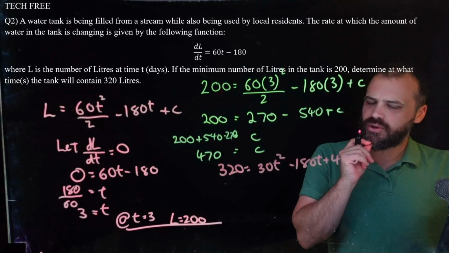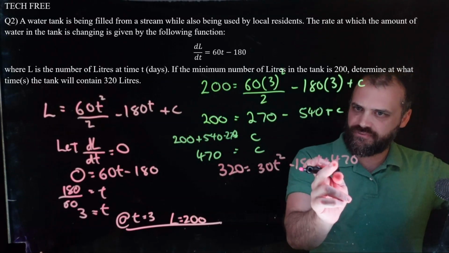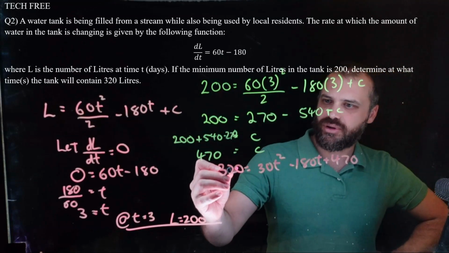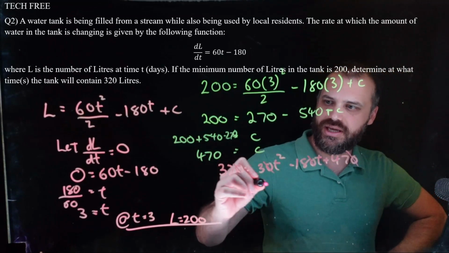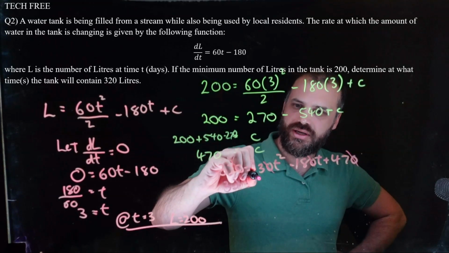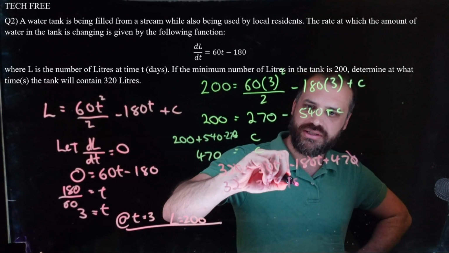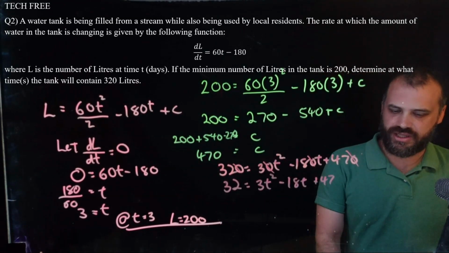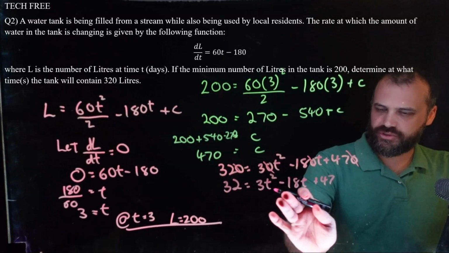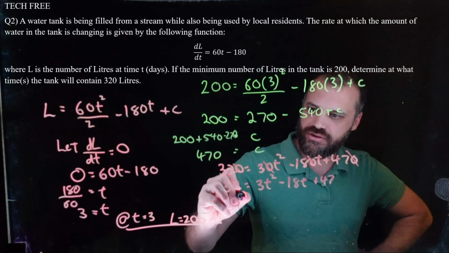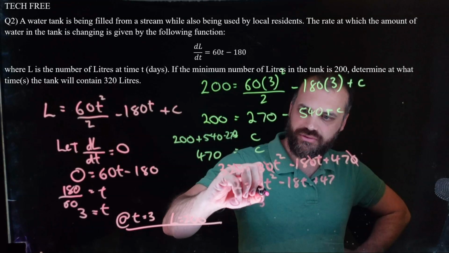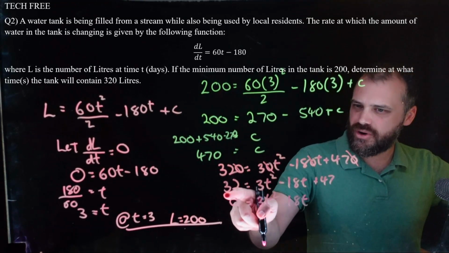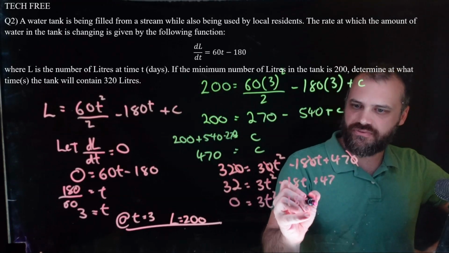Wow, okay. What I'm seeing is that every one of these has a 0 on the end, so I can probably just divide everything by 10. So we know that 32 equals 3t squared minus 18t plus 47. That makes things a little easier. It's a quadratic, so I really need it to be 0 equals something: 3t squared minus 18t, and 47 minus 32 is 15.